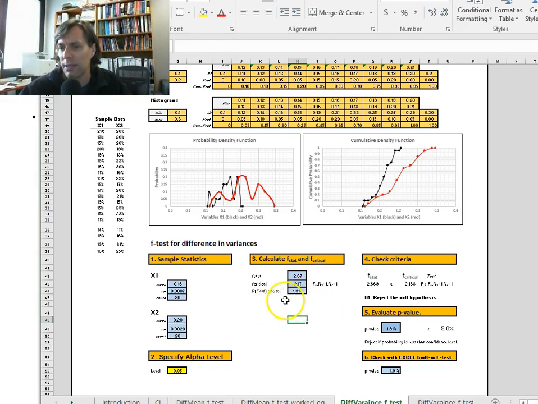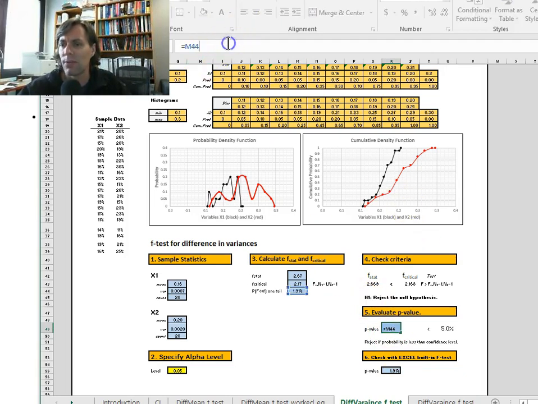So when we do that, the result is we get an F statistic of 2.67, we get an F critical of 2.17. So our F statistic is greater than our F critical, so we reject the null hypothesis. Now you could also calculate the probability, the p-value, the cumulative probability of that value.